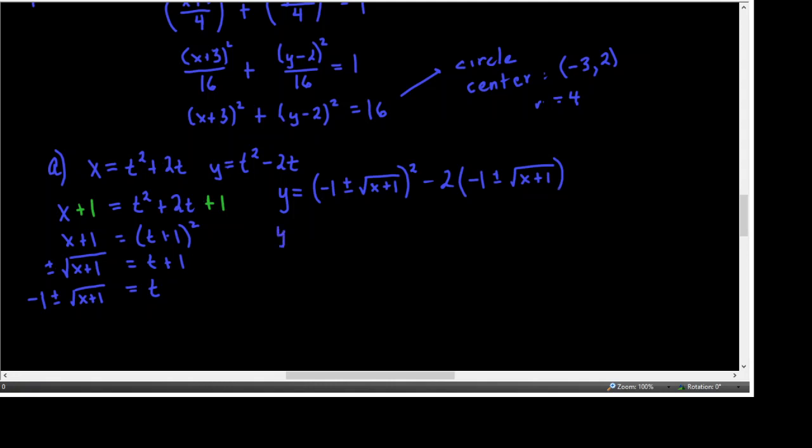So squaring that binomial, I will get +1, then 2 times the first thing, -2, times, I'm going to do the top, times the positive radical will be a -2 times that radical, plus the square of that radical, which is x plus 1.